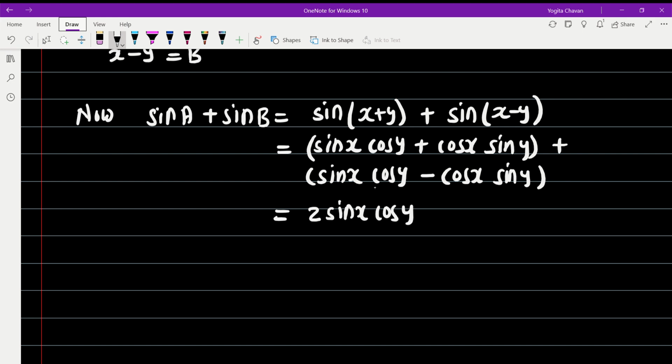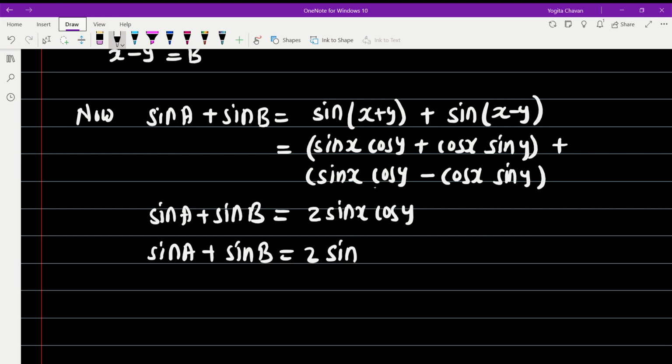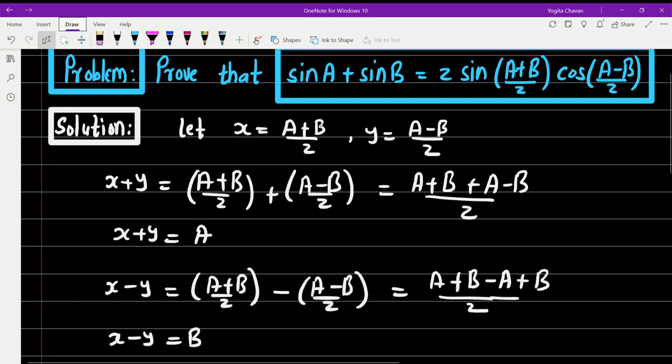So sin A plus sin B is equal to 2 sin x cos y. So sin A plus sin B is equal to 2 into sin of the value of x. What is the value of x? x is nothing but (A plus B) divided by 2.